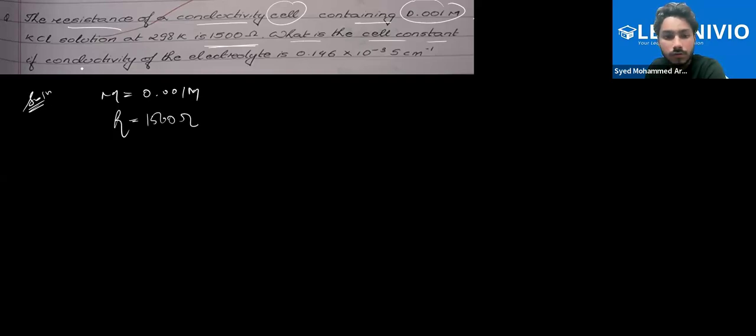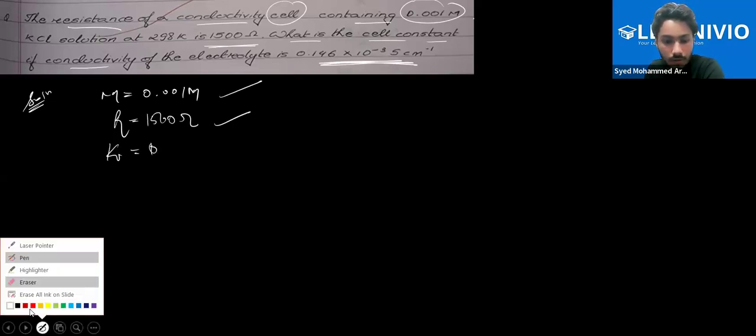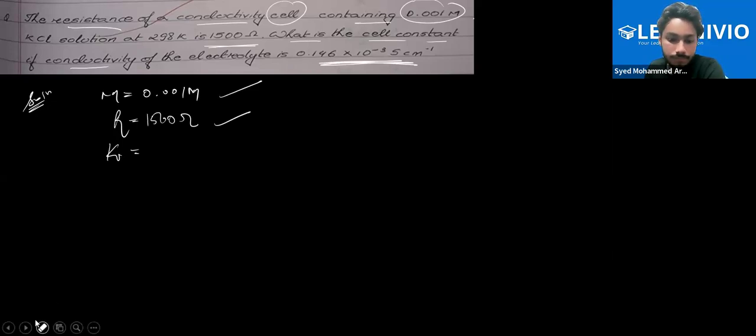What is the cell constant if the conductivity of the electrolyte is 0.146 into 10 to the power minus 3?